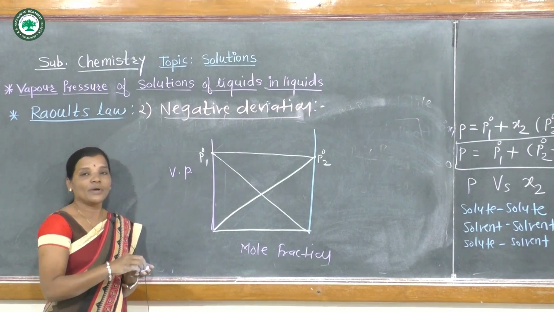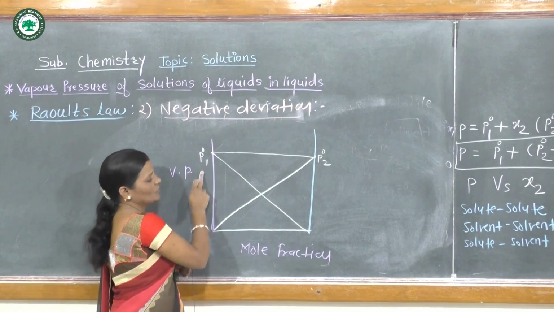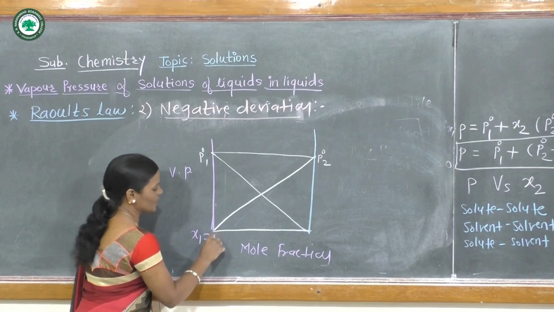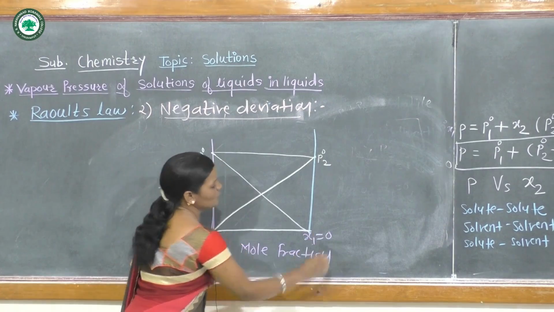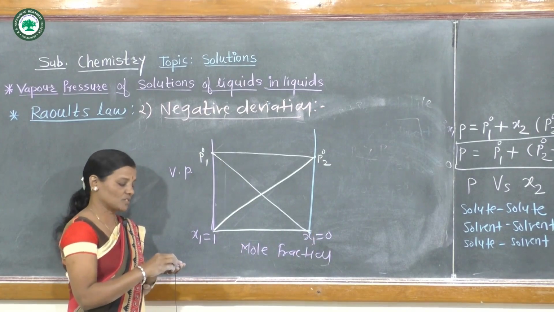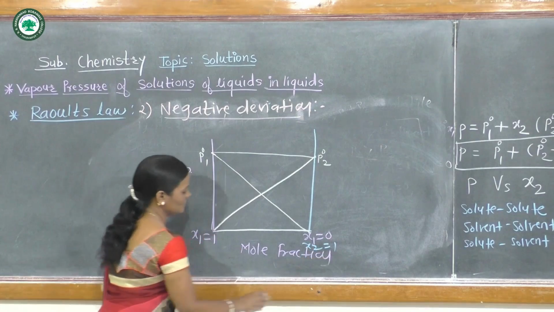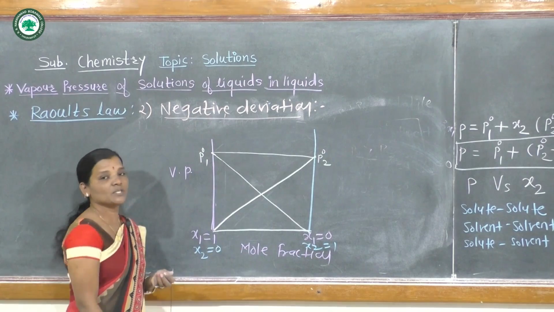But when negative deviation is observed, here P01 falls to 0. Initially x1 is equal to 1 and finally x1 is equal to 0, and at the same time x2 becomes 1, and initially x2 should be 0.